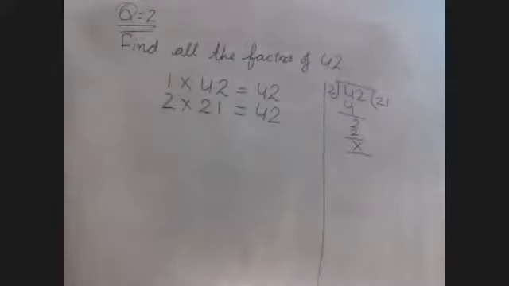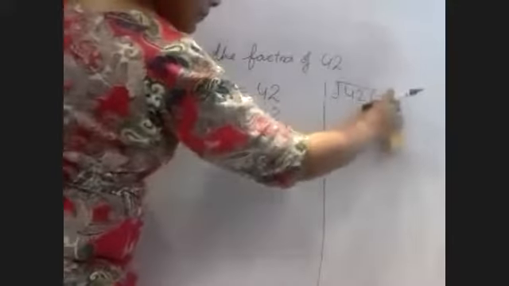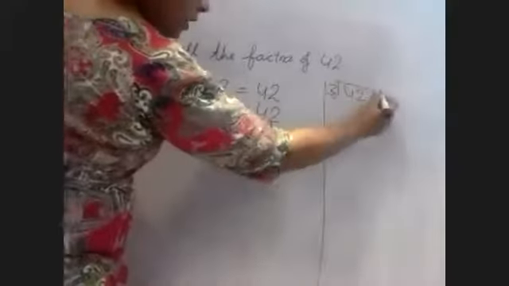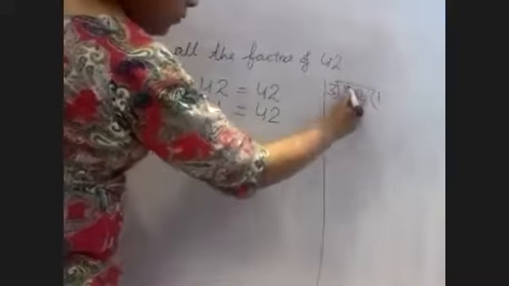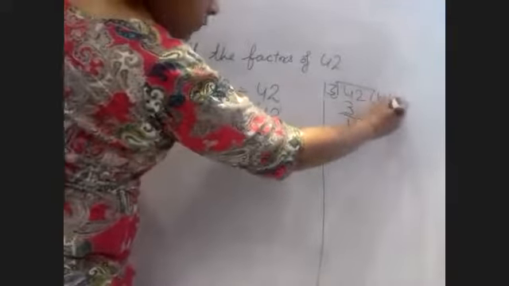After 2, next number is 3. Now 42 divided by 3. 3, 1 are 3. 4 minus 3 is 1. Next number is 12. 3, 4 are 12.